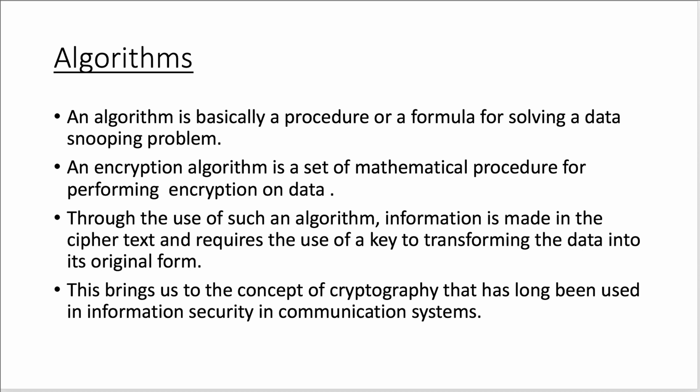An encryption algorithm is a set of mathematical procedures for performing encryption on data. Through the use of such an algorithm, information is made into cryptotext and requires the use of a key to transform the data into its original form.